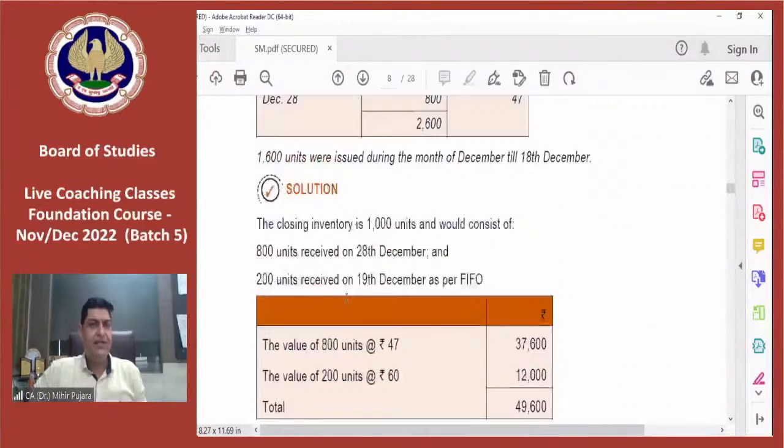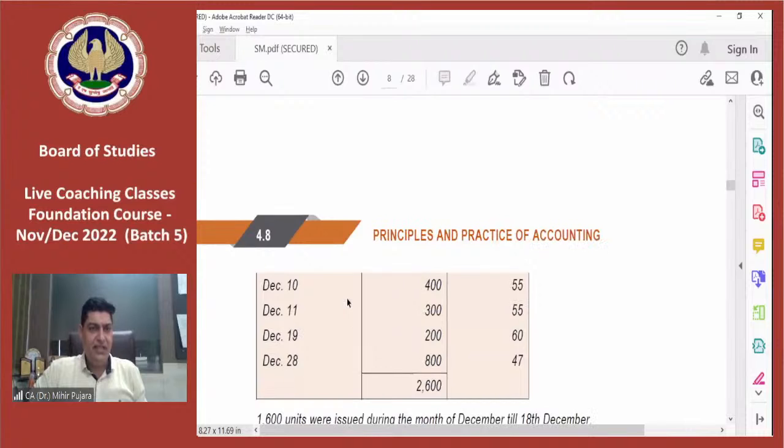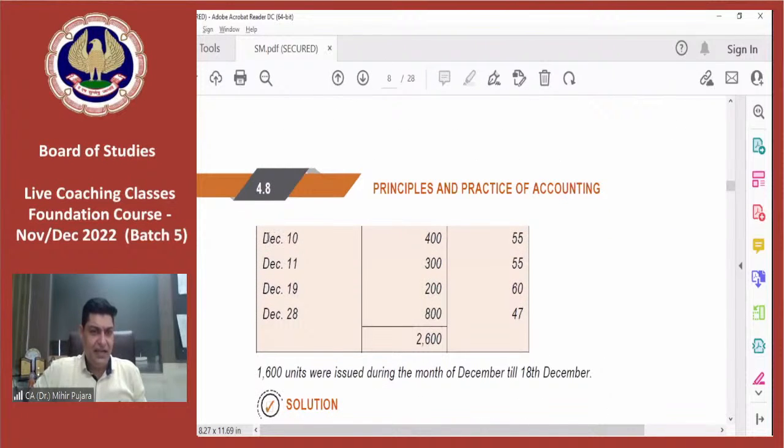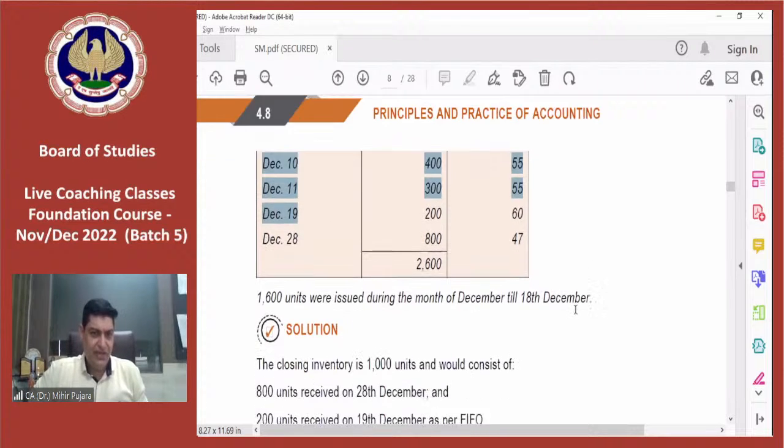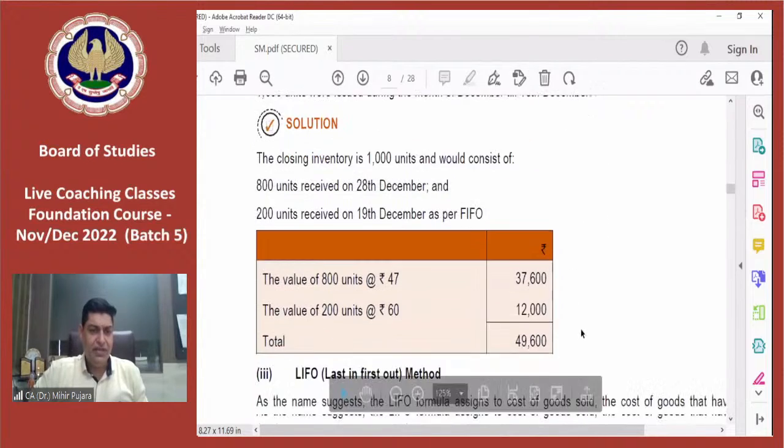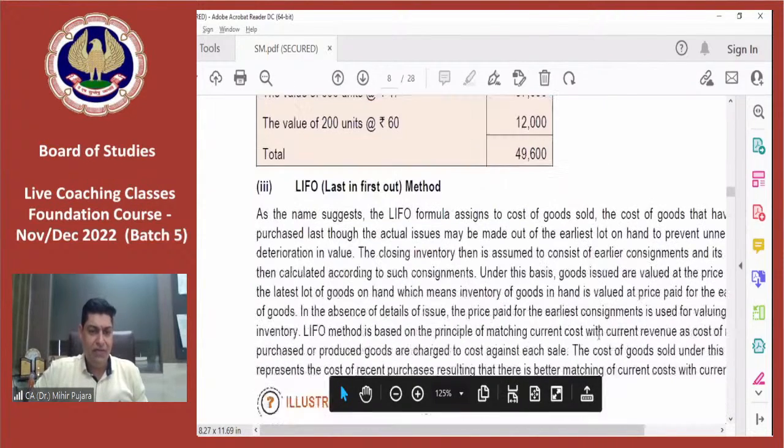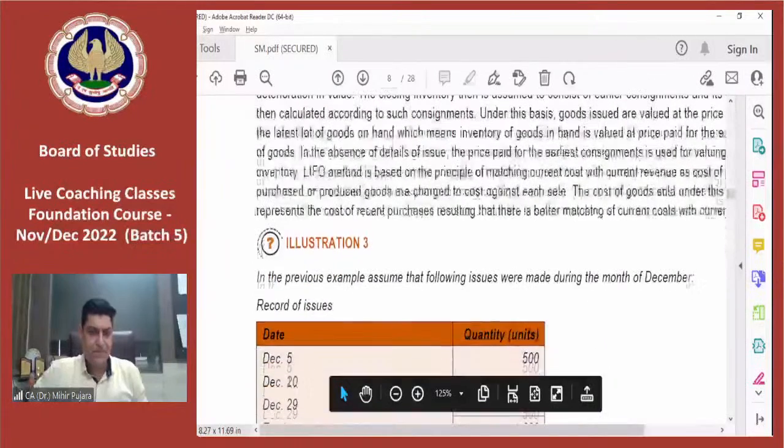But the next purchases are on 10, 11, and 19, guys. These 3 purchases I have to write because my next issue is on 20, right guys?